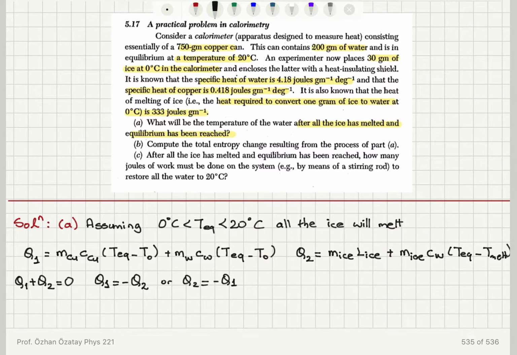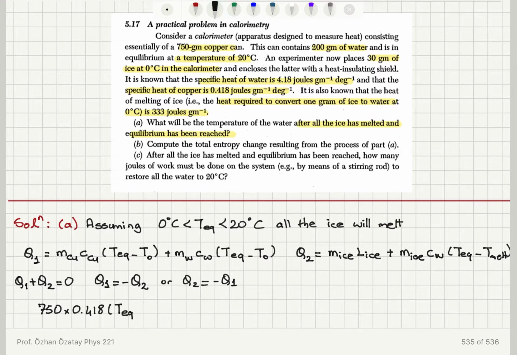I have 750 grams of copper. The specific heat of copper is 0.418 joules per degree per gram. And then I have the delta T. So the equilibrium temperature, I don't know what it is.